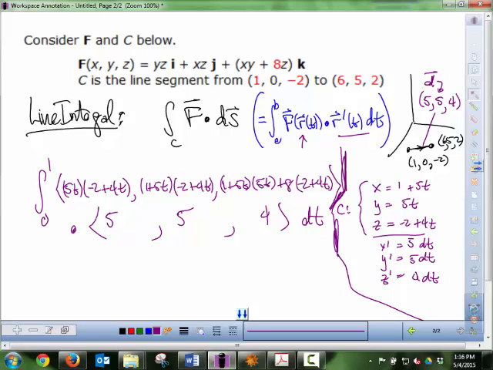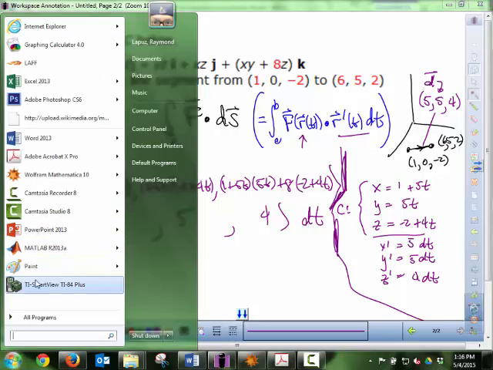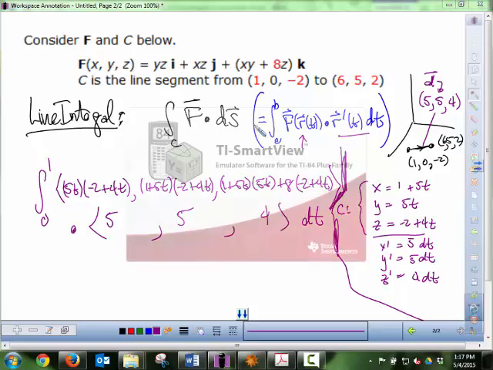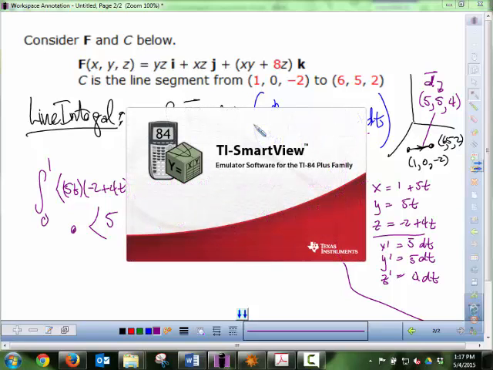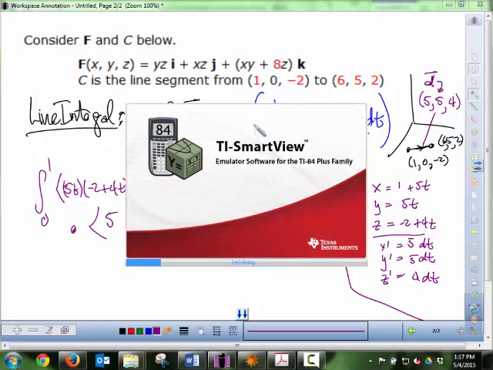All right, so I guess this would be an opportunity to show you how to use your graphing calculator to find integrals really quickly. So let's do that. Just so the people with the TI-84 who have never done this don't get left behind with computing integrals.